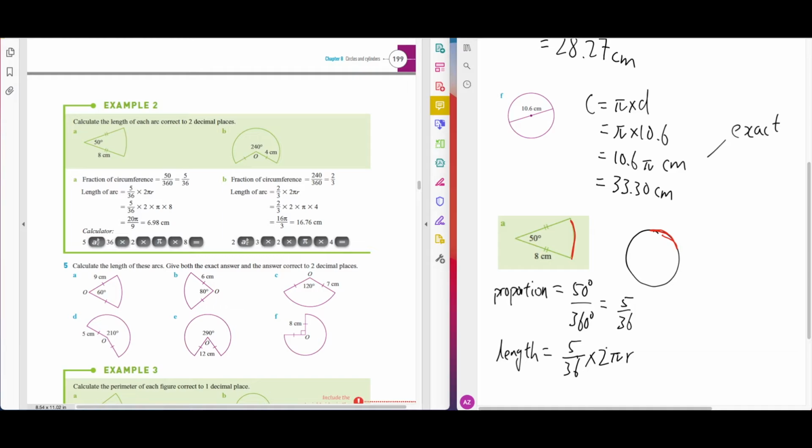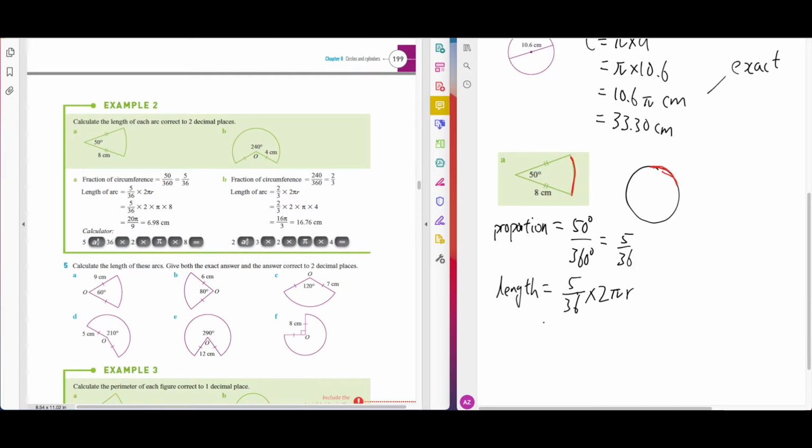Now the reason we use 2 pi r instead of pi times the diameter is because this 8 is the radius. This 8 is not the diameter. So then that's equal to 5/36 multiplied by 2 pi. Now the radius is 8, so times 8. And what you can do is just type all of this into your calculator.